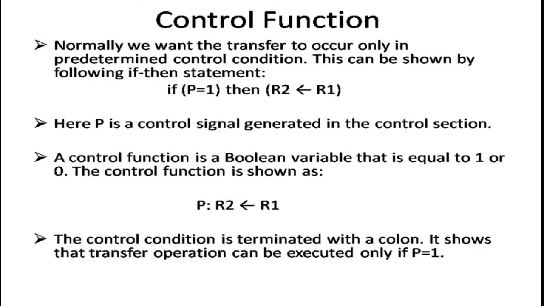So the control function is a Boolean variable. The control condition is terminated with a colon. It shows that the transfer operation can be executed only if P equal to 1. So this is the register transfer language notation for the control function.